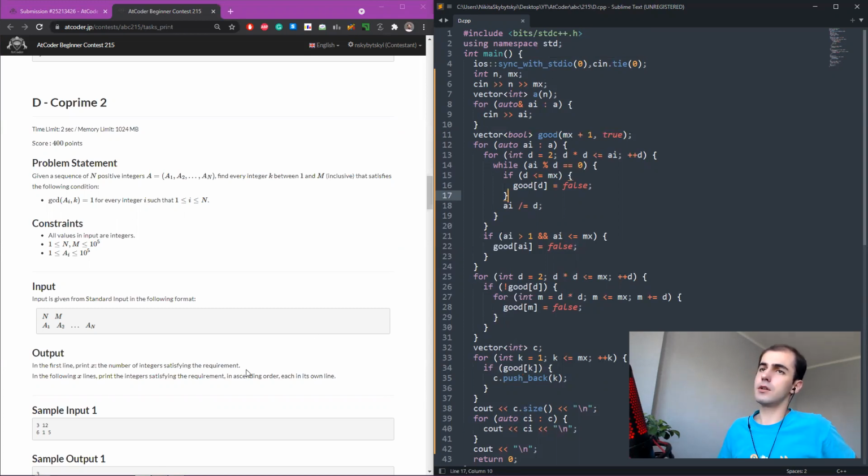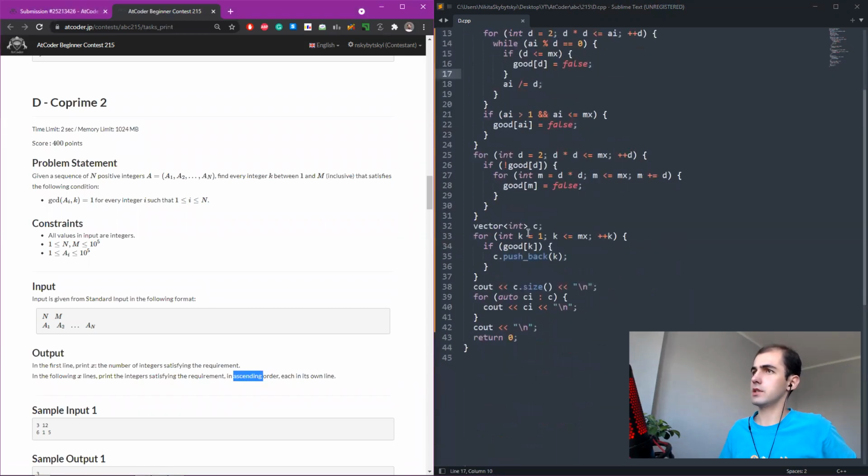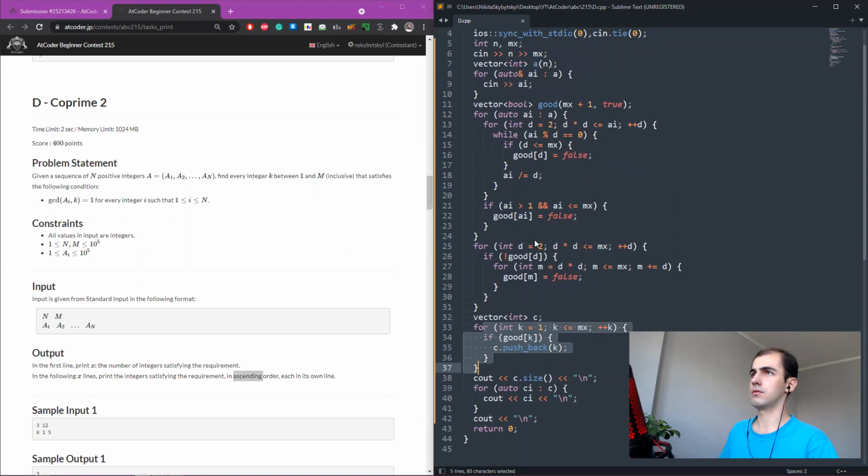I mean, ascending order, I definitely satisfy this because I just loop here in ascending order. Oh, we do something wrong with size. Well, that's impossible.